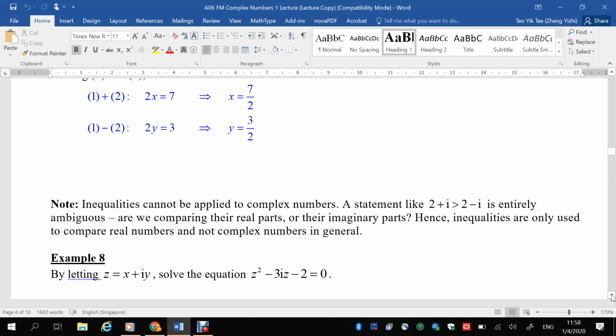Complete the square. Factorize. Quadratic formula. Graph. Graph is GC lah. What else? Anyone have any other fantastic method that can work?